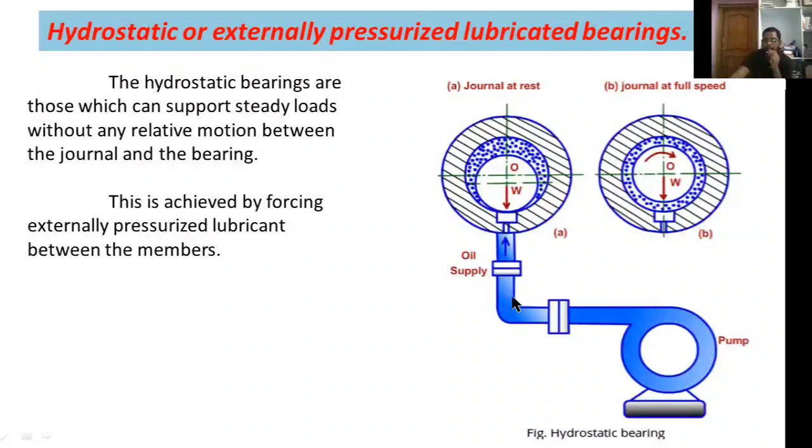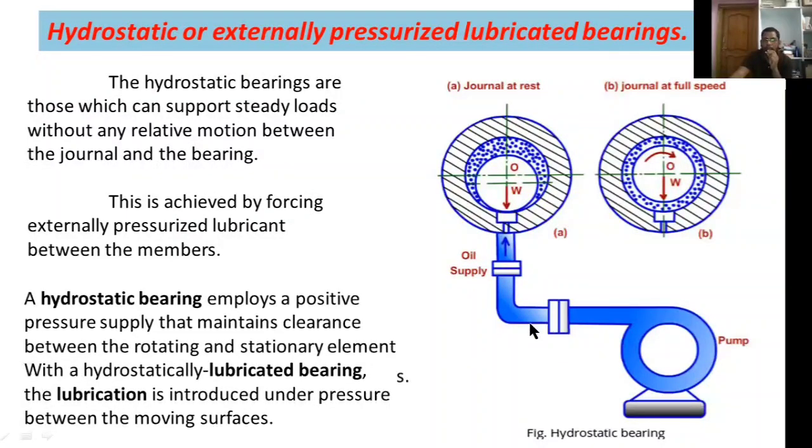A hydrostatic bearing employs a positive pressure supply that maintains clearance. This one is the clearance. Clearance means the gap between shaft and bearing. A hydrostatic bearing employs a positive pressure supply that maintains clearance between the rotating and stationary elements.